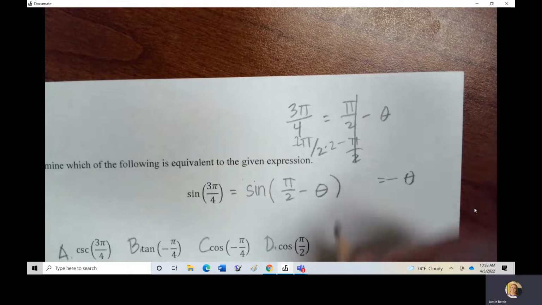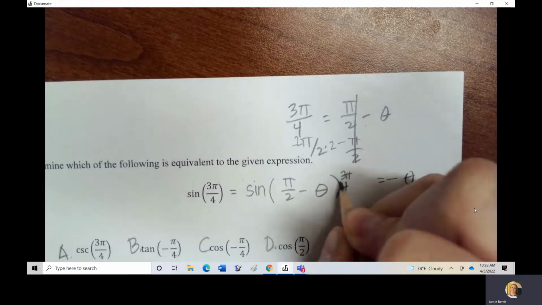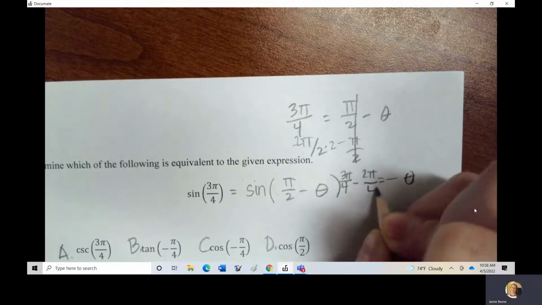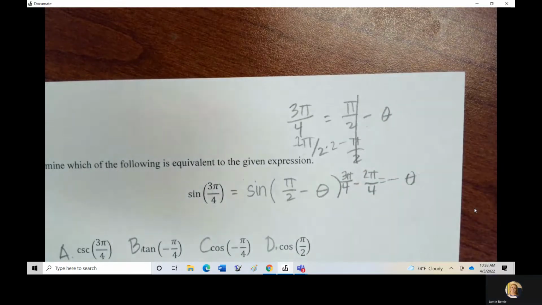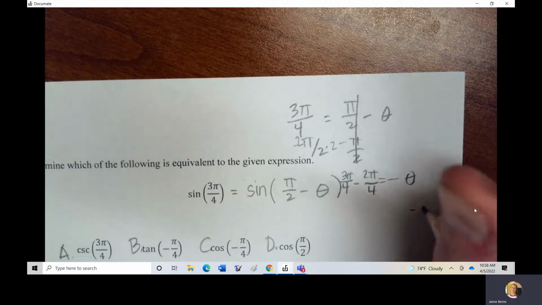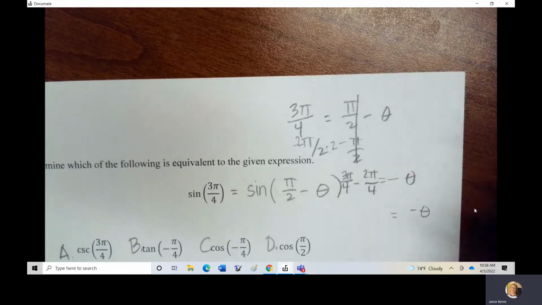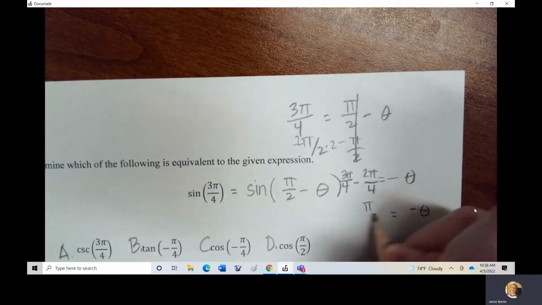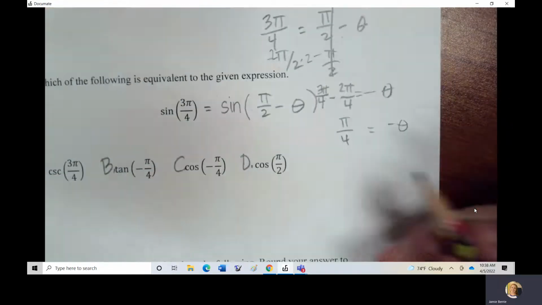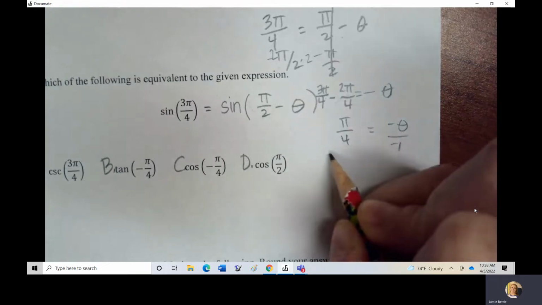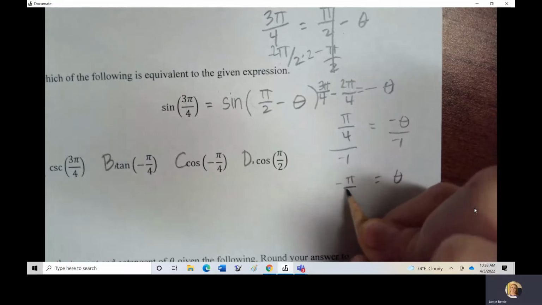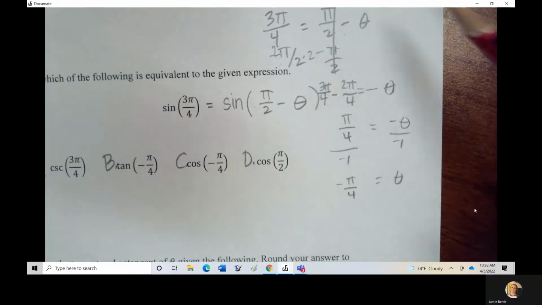So that's going to be 3 pi over 4 minus 2 pi over 4. So negative theta equals 3 pi minus 2 pi is just 1 pi, or pi over 4. Get theta by itself, divide both sides by -1. Theta is negative pi over 4.